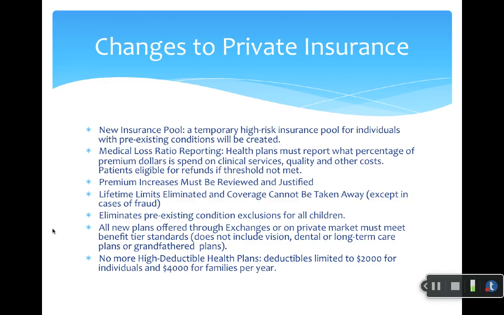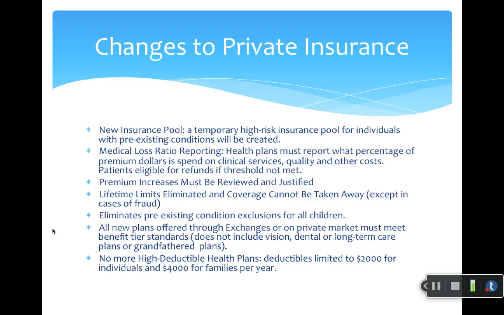It also limited the amount that you could have in a high deductible health plan. So a high deductible health plan is a health plan that basically says everything that you spend in a calendar year before X amount of dollars is your personal responsibility. After that, let's say $10,000, if that's your deductible, then the health insurance will pick up 100% of the cost.